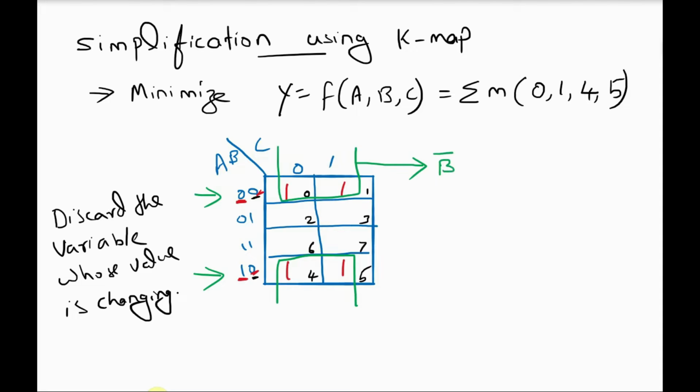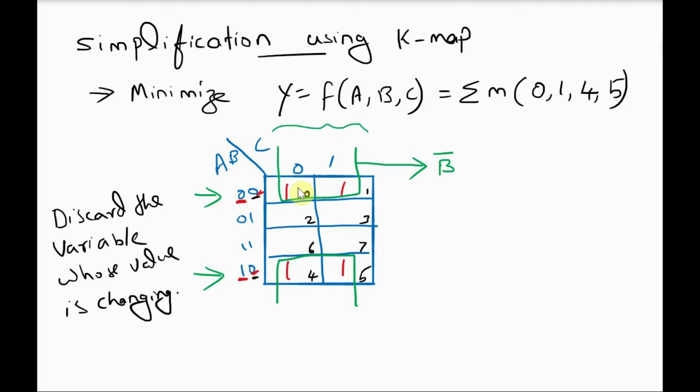We will take only the variable whose value remains the same. Since the value of b is 0 in the first row and last row, we will take it as b bar, and multiplied by the column value. We have found the row value. Now we will take the column value. When we look into the column, the group spans all the columns.